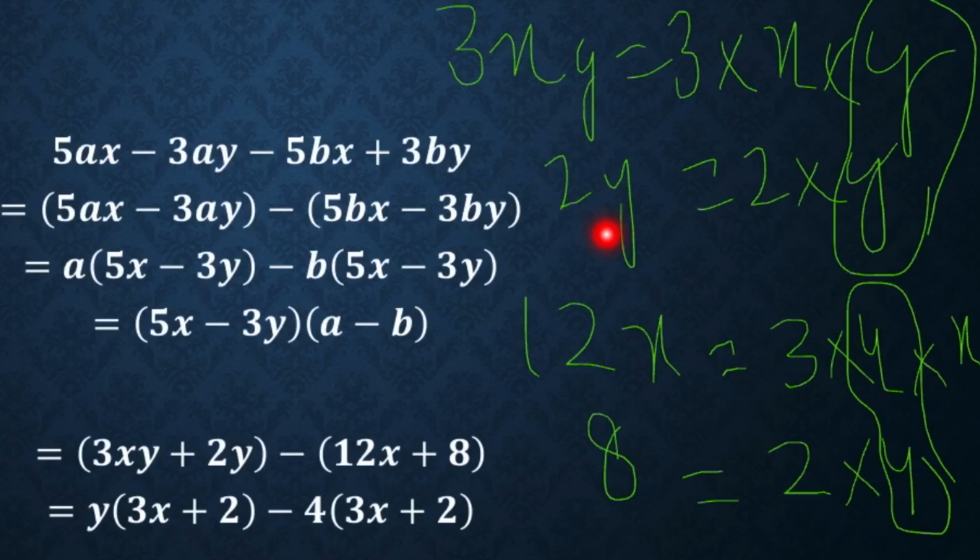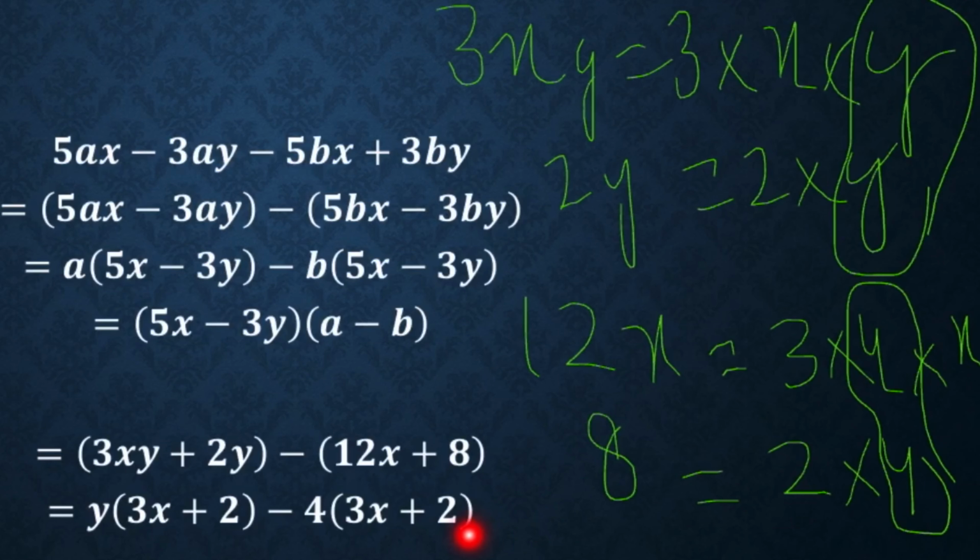From 3xy and 2y we have taken common y. So writing y outside, we will be left with 3x, 3 multiplied by x, 3x written here, plus, and from this term 2y, this y is taken as common, so we are left with 2 written here. Then minus, what has been taken here? 4. So in the first term we will be left with 3x, that is written here, and here we will be left with 2.